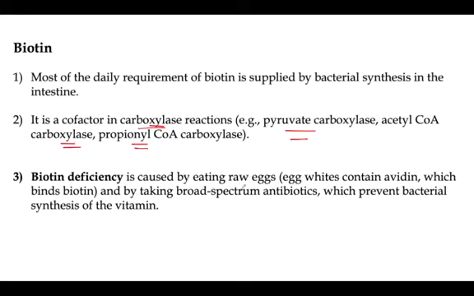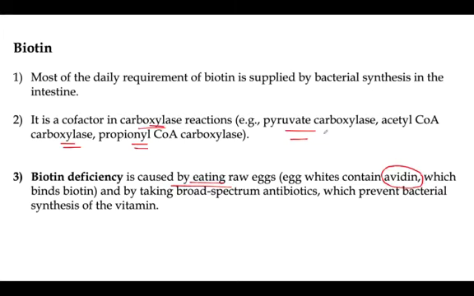Now, biotin deficiency is mostly caused if a person takes raw eggs because this contains avidin which binds to biotin, and therefore it is recommended that a person should not take raw eggs.